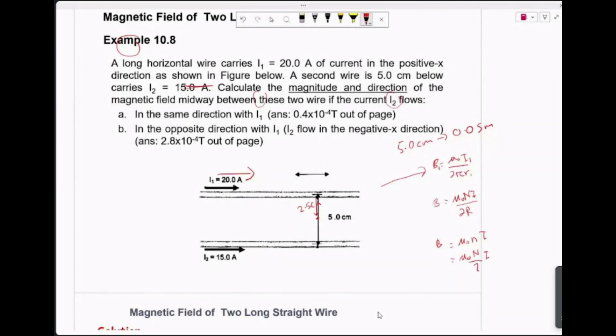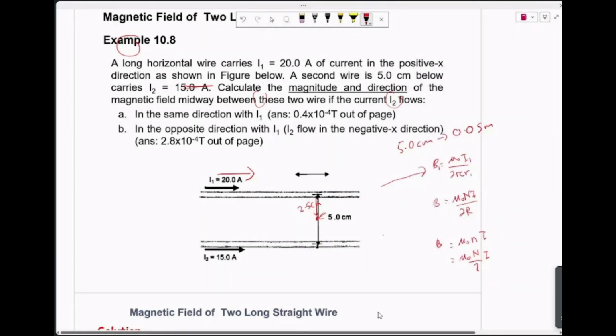What you're seeing here is the magnetic field due to current I1, so what we are calculating here is the magnetic field caused by current I1, not by current I2 yet. The question asks you for the magnetic field at that point, but it doesn't ask for the field due to I1 or due to I2. It's just asking for the magnetic field at that point. The current I1 will provide a magnetic field at that particular point.